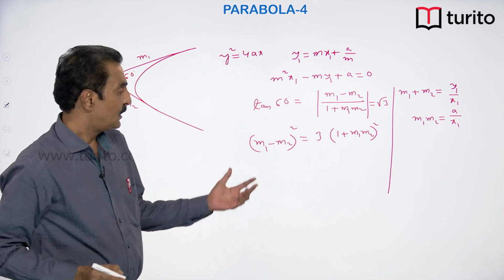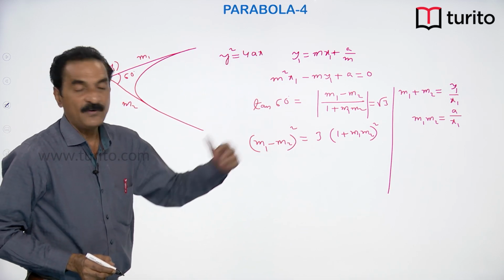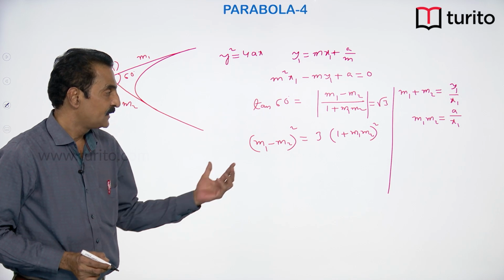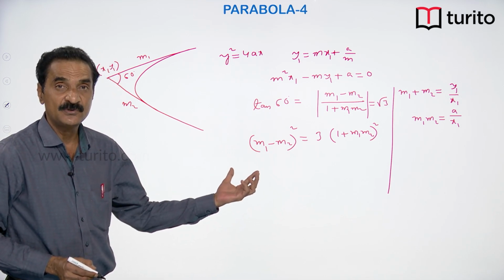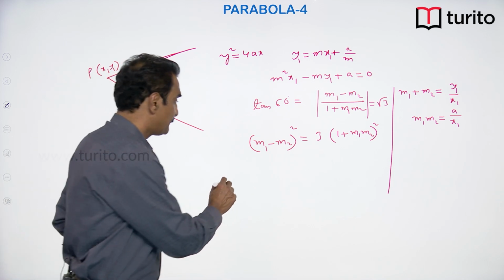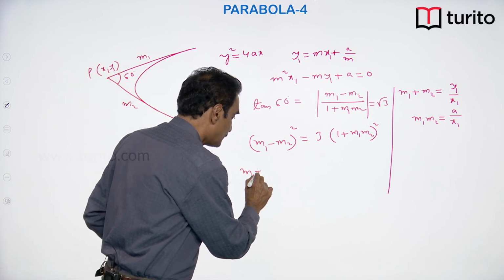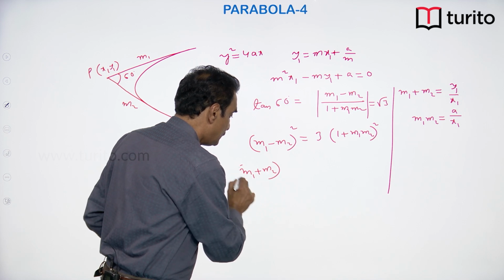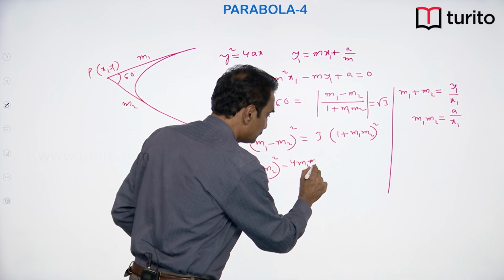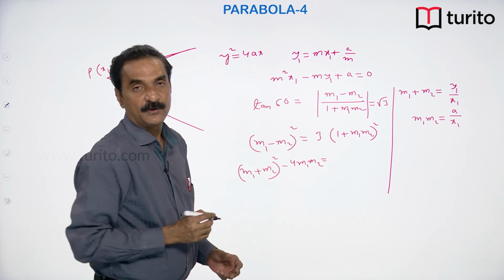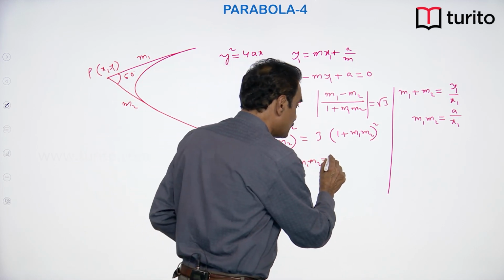Okay. Now, we have m1 plus m2 and m1 m2. You can write m1 minus m2 whole square as m1 plus m2 whole square minus 4 m1 m2, is equal to 3 into 1 plus m1 m2 whole square.